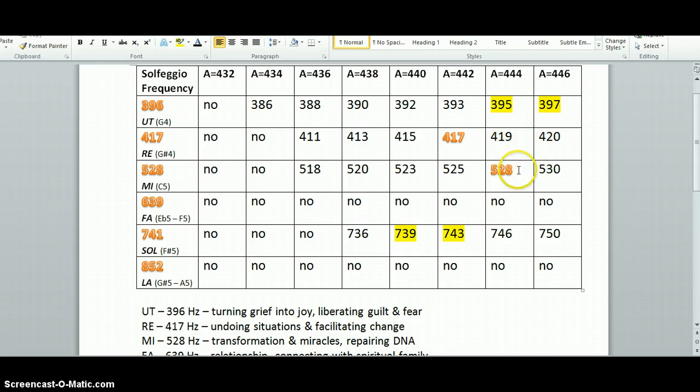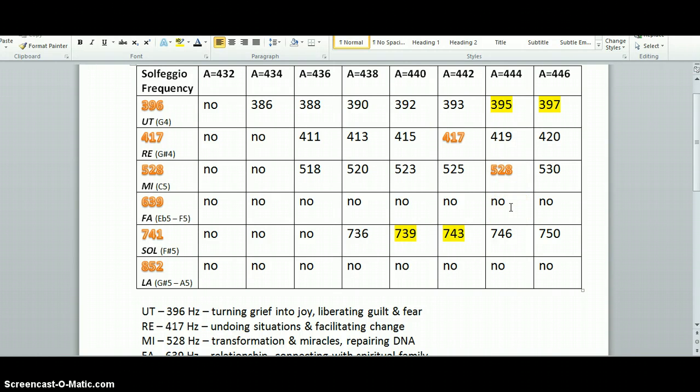Then you'll notice the 528 is the only one that fits within the 444 system. So if you tune your instruments to 444, the only one that's going to be an exact match is the 528. The 396 will be close. The 417 will also be close.